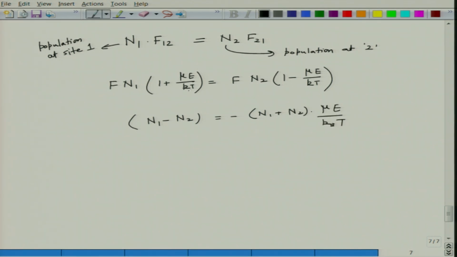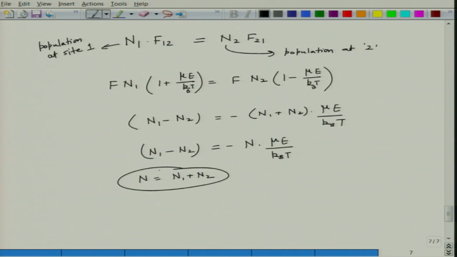I have written kT, just replace this with kBT, okay, this is the Boltzmann constant. So, this is the first relation, we get N1 minus N2 is equal to minus of N, because N is equal to N1 plus N2, as the number of dipoles is conserved. So, capital N into mu E by kBT, okay. So, this is the first thing that we get.